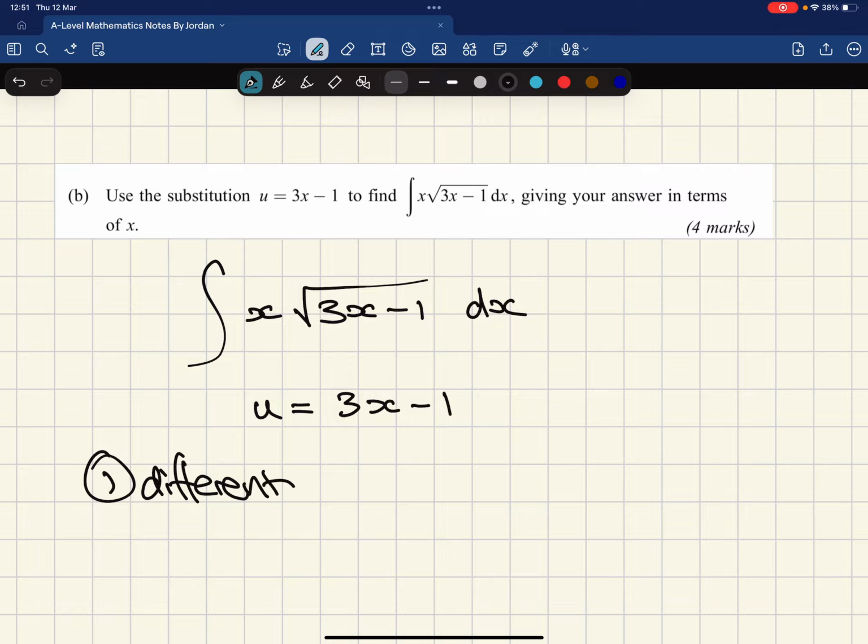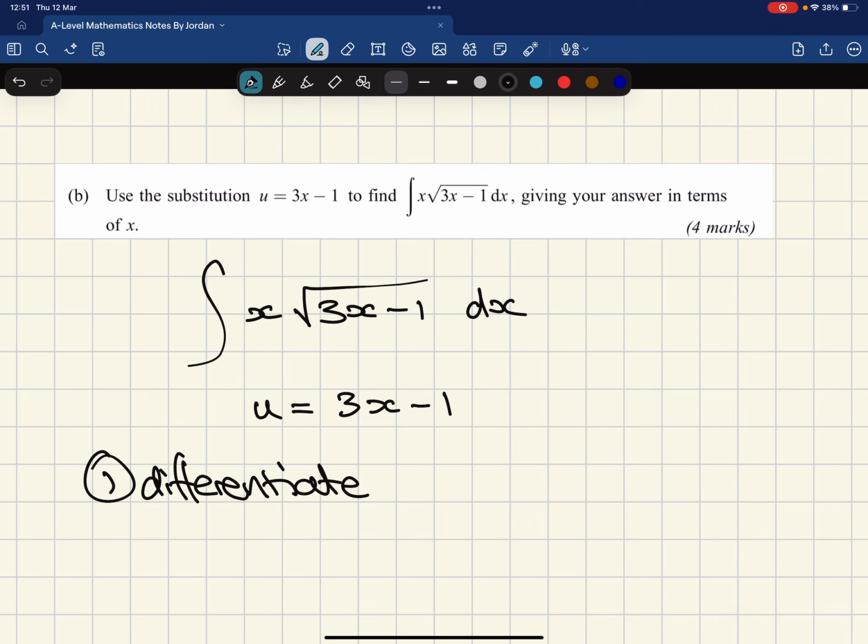I would always advise to differentiate as your first step, because what you might find is when you differentiate this expression, you might figure out that something will cancel out, meaning you don't have to substitute in for everything. Now, you will obviously need some practice to start spotting this, so I'd advise you practice with a lot of these integration by substitution questions to get into a bit of a flow with how it works.